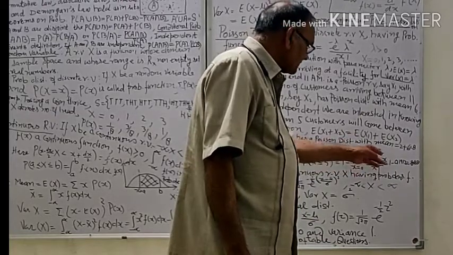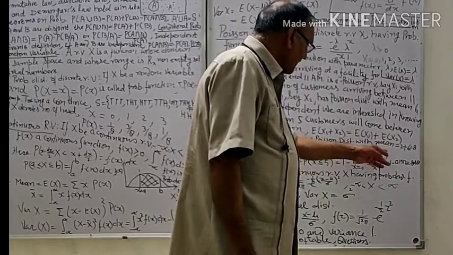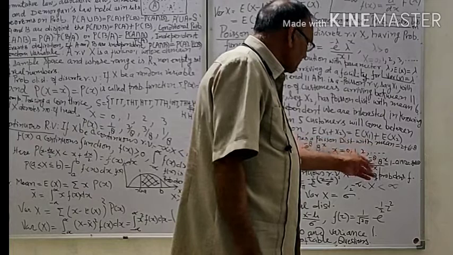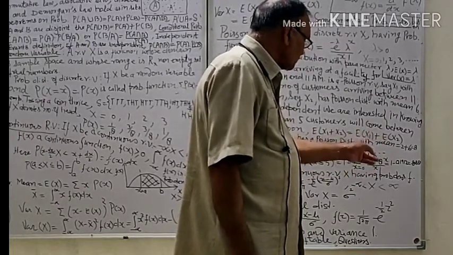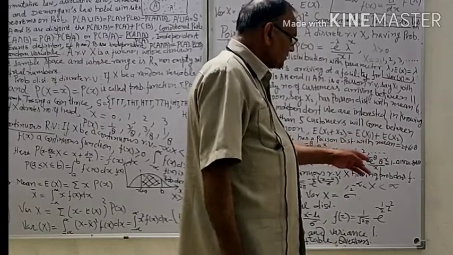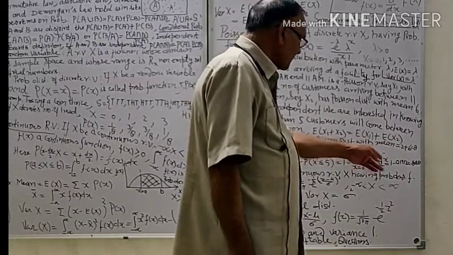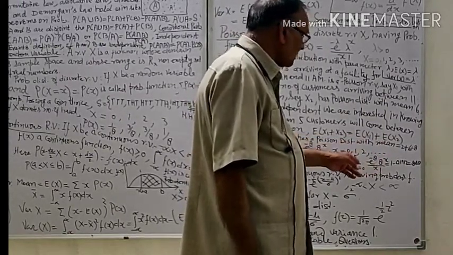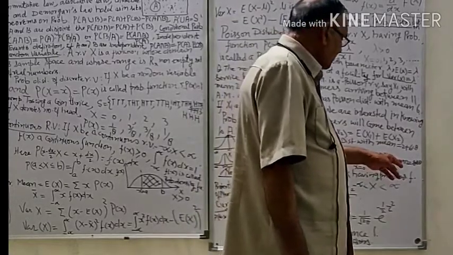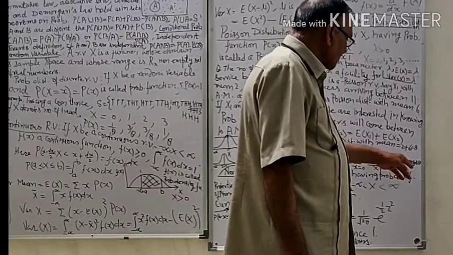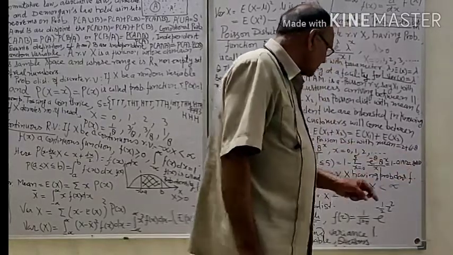You can substitute in this. First x is equal to 0, then x is equal to 1, x is equal to 2, x is equal to 3, x is equal to 4, x is equal to 5. Now it is the sum of all probabilities, and it is coming to 0.1912, and 1 minus that is 0.8088.